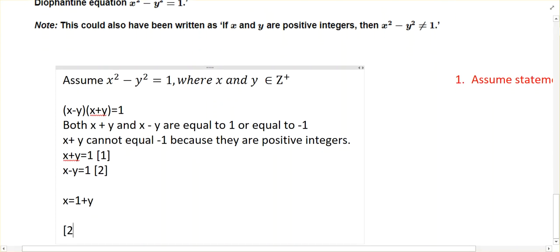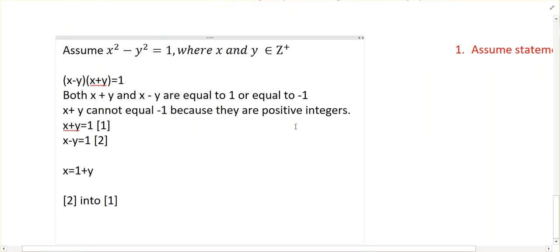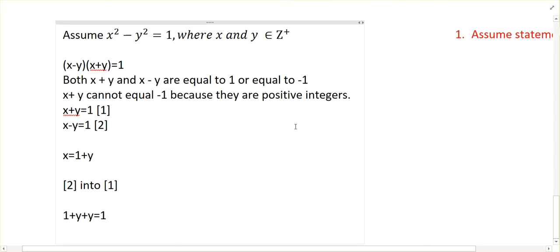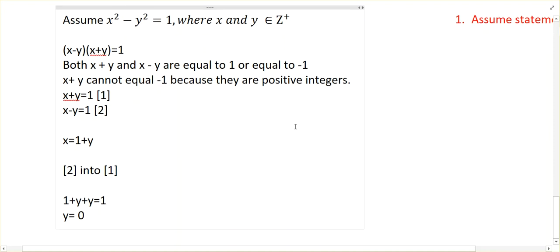Do you remember doing this? 1 plus y plus y equals 1, y equals 0. Yeah, I've probably confused you. X, I'm substituting that into there.